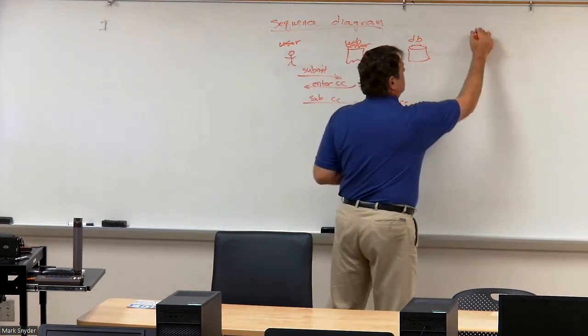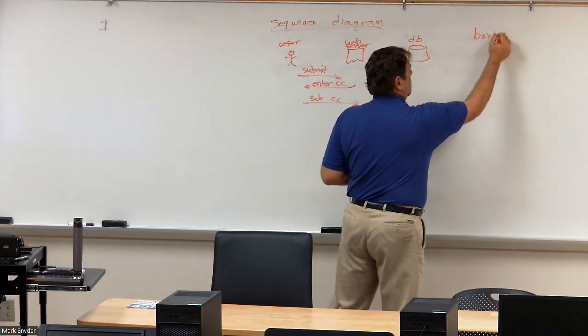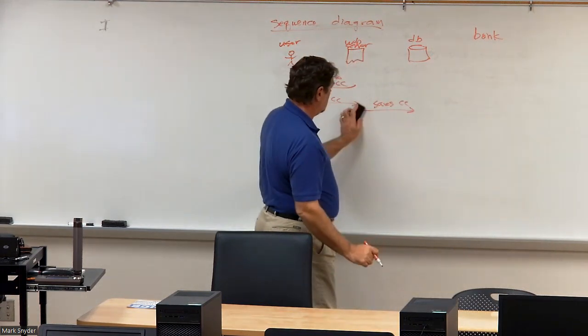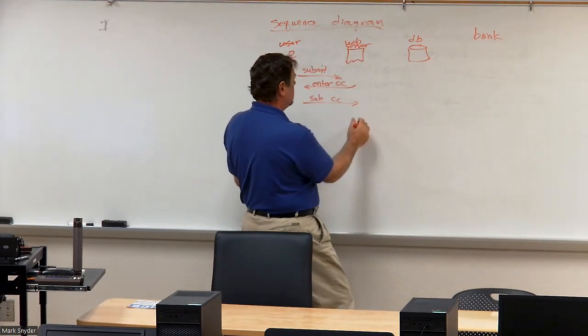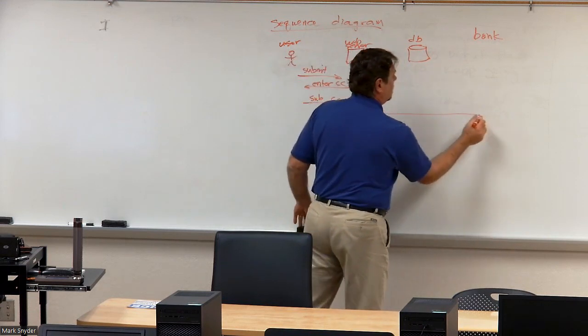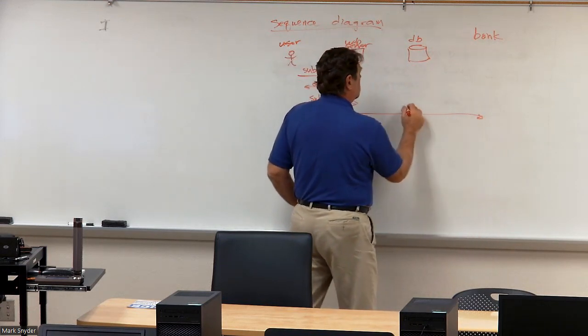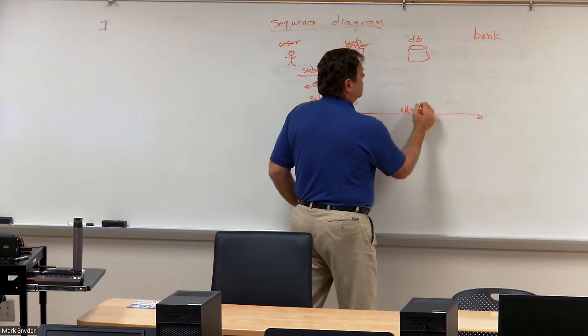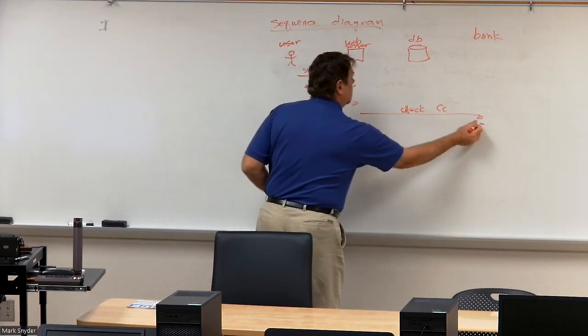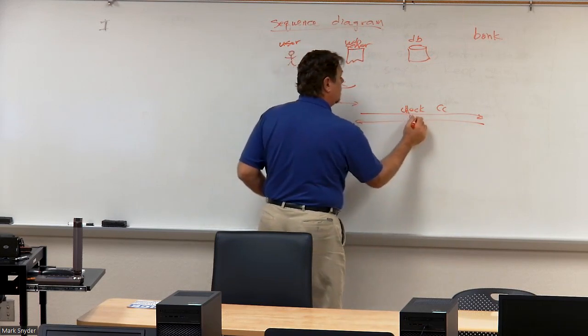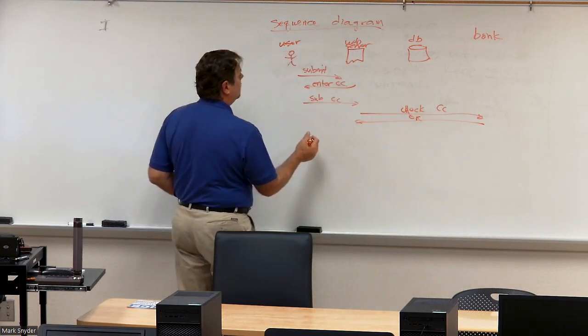There may be other actions in here. Before we save it, we might make this a little bit more realistic. We talk to the bank and say, check the credit card, see if it's a valid credit card. They come back and they say, it's okay.